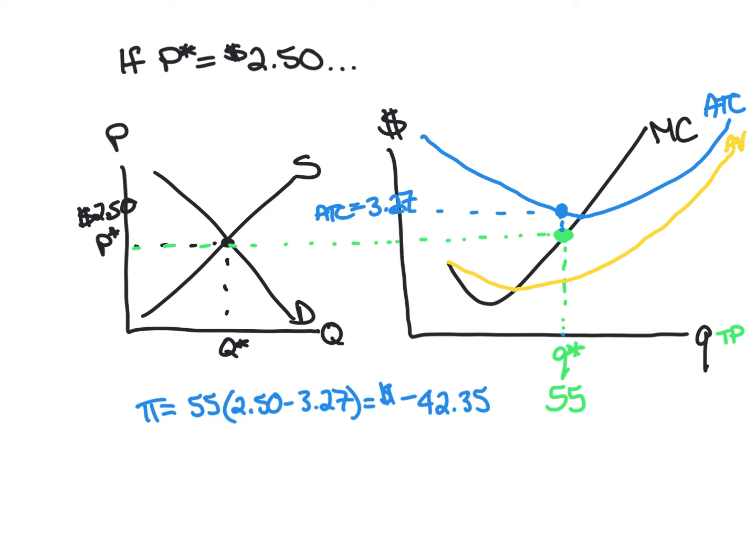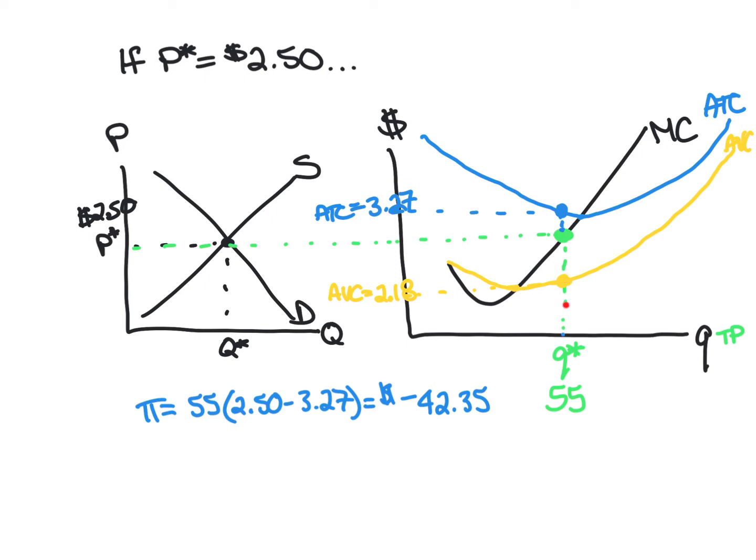There's our average variable cost. And at a quantity produced of 55 units, the average variable cost, AVC, is going to be equal to $2.18. So what we see is that the market price, although too low to cover all of the cost, is high enough to cover all of the variable costs.